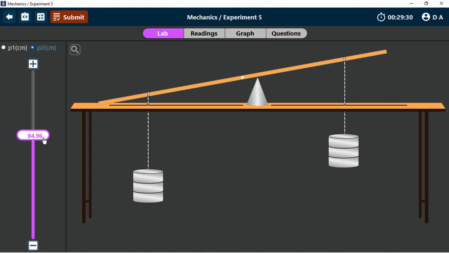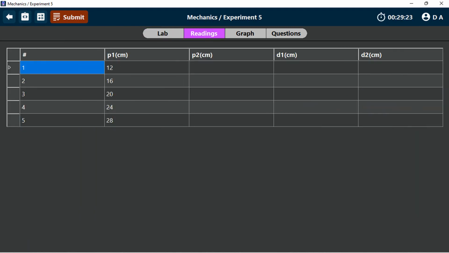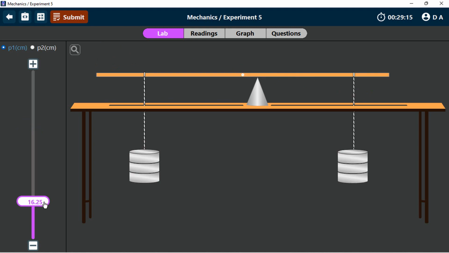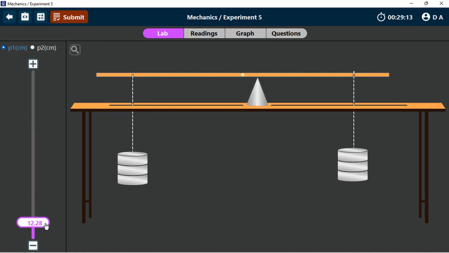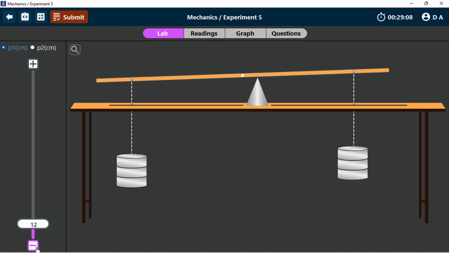Okay, so let's take a look at the instruction here. In the reading, the first reading is to set P1 to be at 12. P1 should be 12, right? So let's go to P1 and move this to position 12. Once we have it at position 12, you can move it slightly.